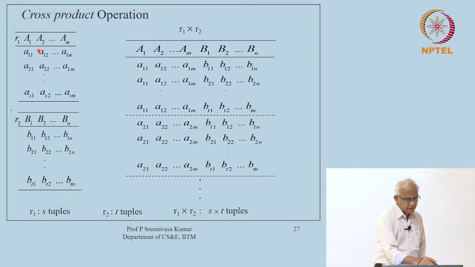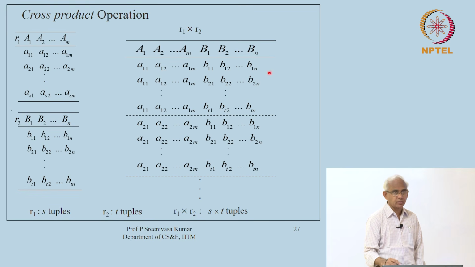So, what it basically does is combine this tuple with every tuple here and produce a tuple in the output. A11, A12, A1m is combining with B11, B12, B1n and also B21, B22, I mean this second tuple, and up to the Tth tuple, like that.